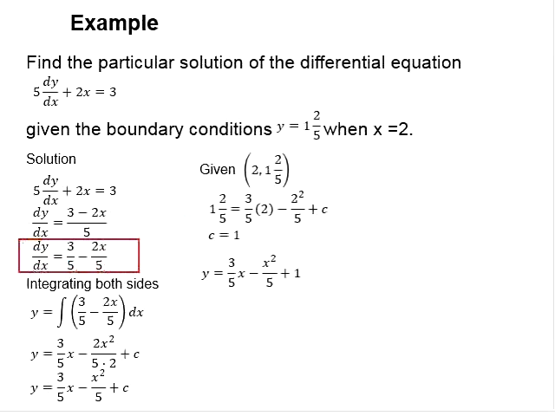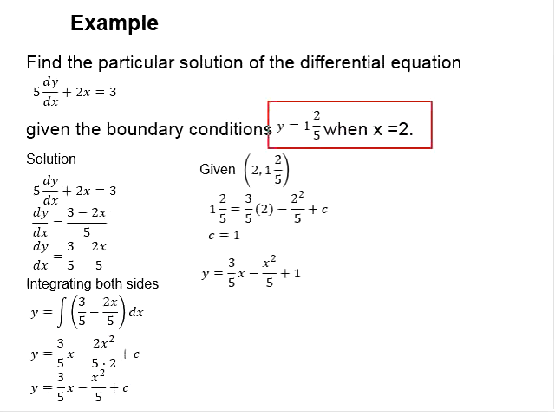From the function here, you need to integrate both sides in order to acquire y. Integrate them separately and you will get your function with the constant c. It is given a coordinate which is on the function, which is 2, 1 2/5.